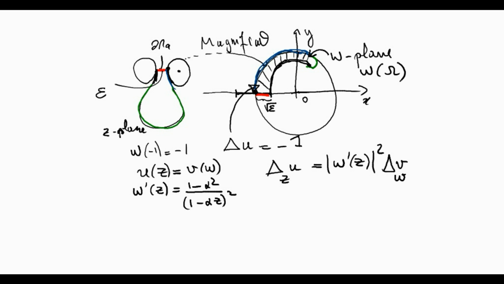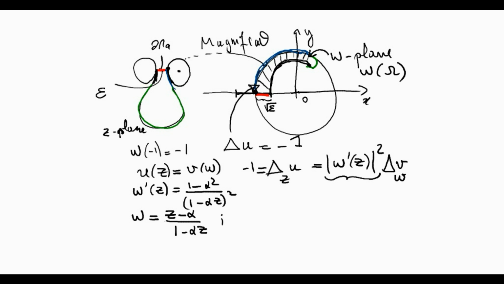And since this is equal to -1, we need to express this term in terms of w. So we have to invert the Mobius function, which is omega equals z minus alpha divided by 1 minus alpha z.